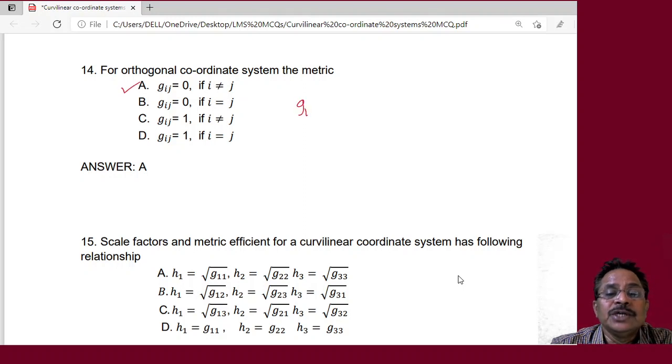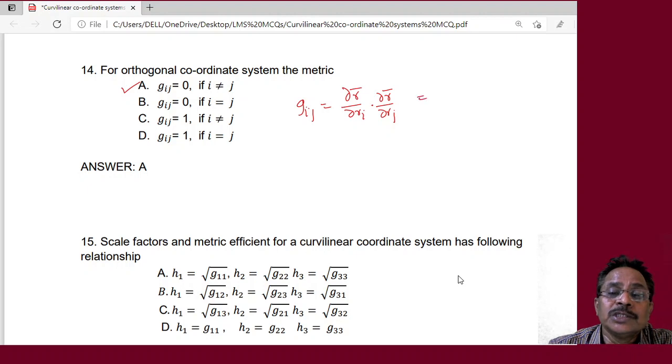This Gij is given by the dot product of del r bar upon del ri and del r bar upon del rj, that is the differentiation of vector r bar with respect to scalar ri, and the differentiation of vector r bar with respect to scalar rj, provided it is an orthogonal coordinate system.